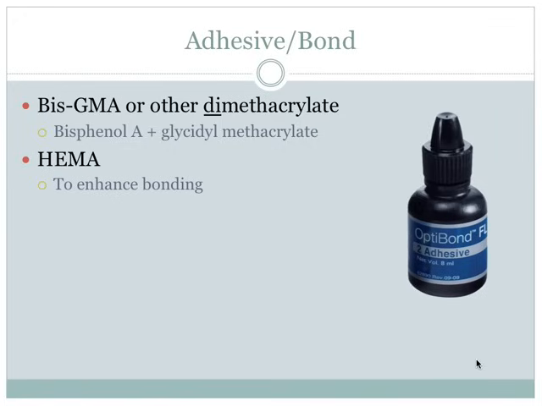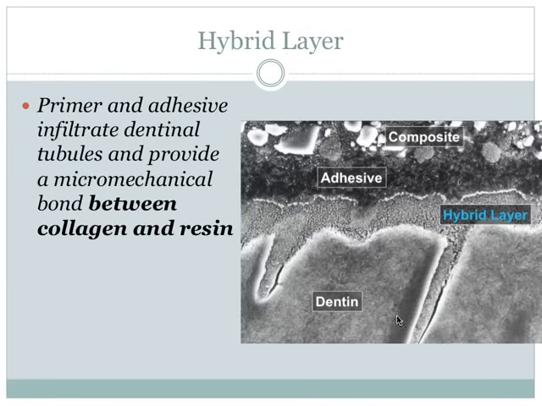Now, usually what we use is a combination of the primer and adhesive in one system. This is like the 5th generation or one bottle system, where they put both the primer and the adhesive in a single solution.